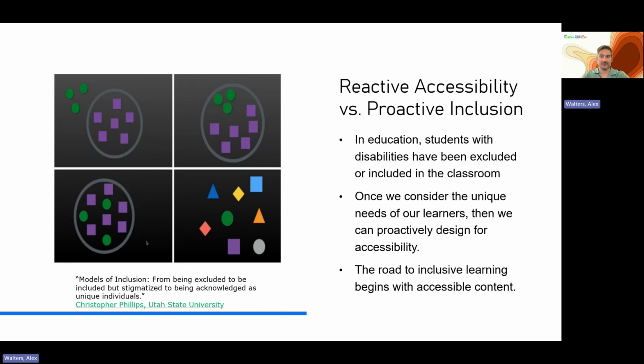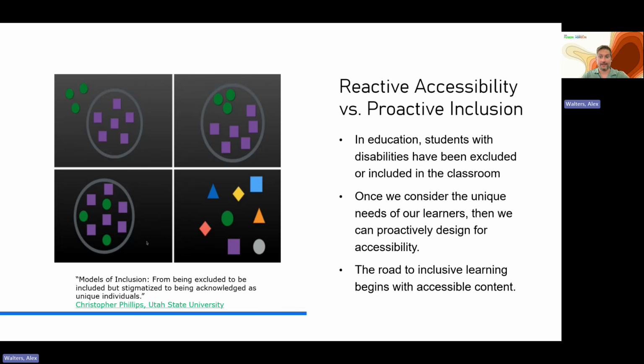And I think this model illustrates the progression from exclusion to true inclusion. Again, traditionally in education, the model of inclusion has been to first pull out learners with barriers and provide them with separate instruction. And then next, we've included them in the classroom or course, but kept them separate from others. Third, we've included them with other learners, but in a structured way that isn't always pedagogically sound.